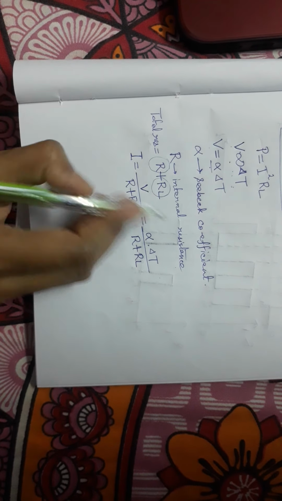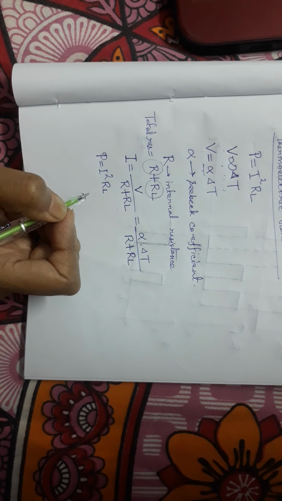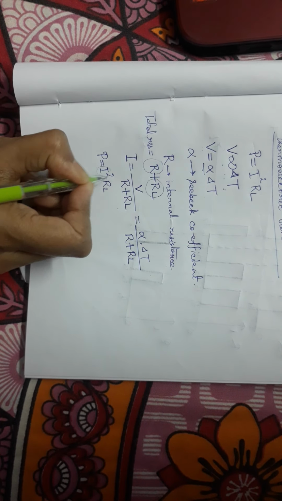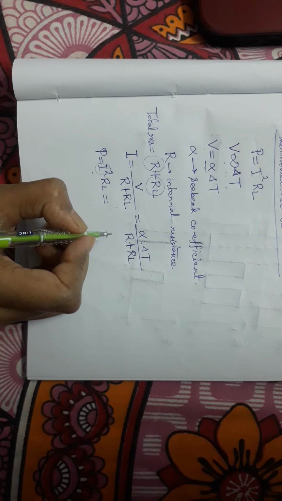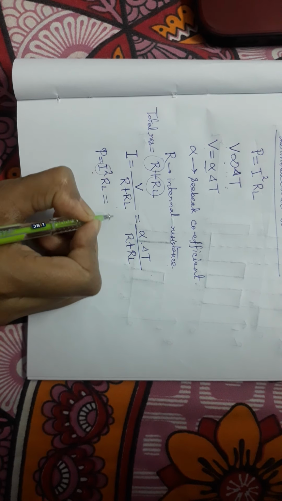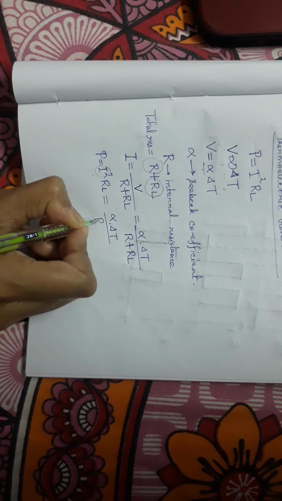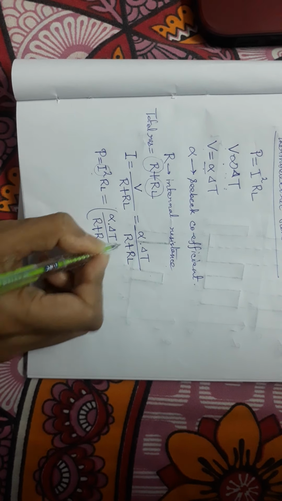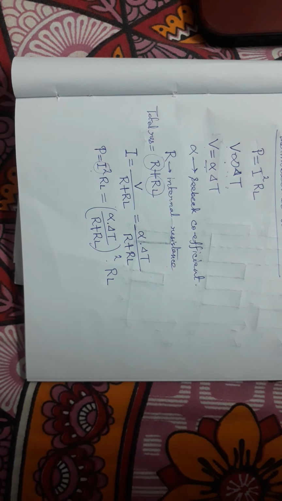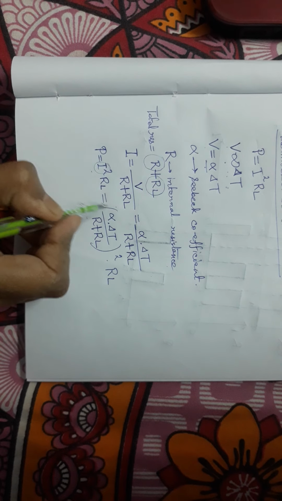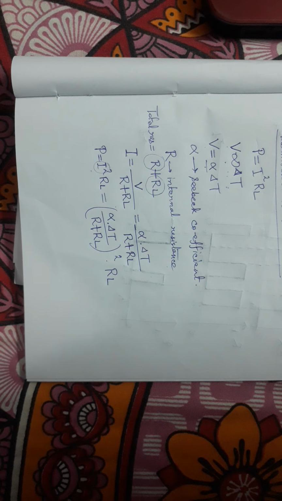Now we know that P is equal to I square RL. If we substitute the value of I here, we can write P equal to alpha delta T divided by R plus RL, whole square, into RL. This is the expression for the power generated by a thermoelectric generator.